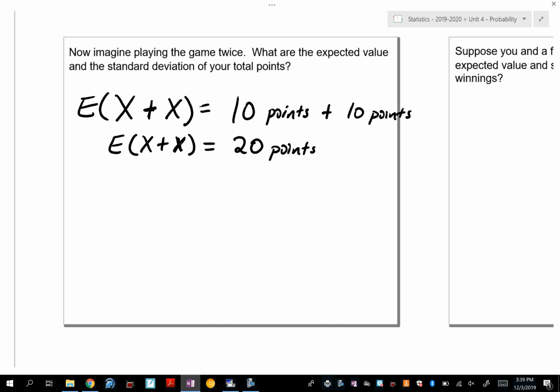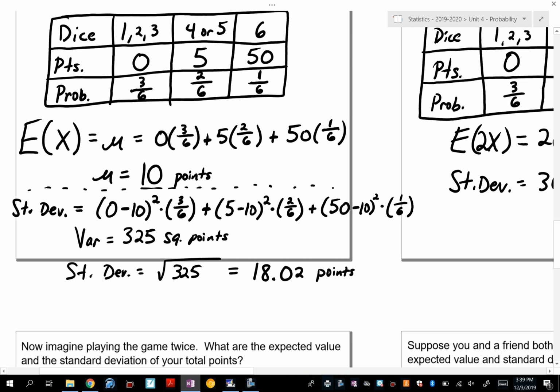Now here's the fun part. The standard deviation. I wish I could tell you that you just add them. But if you remember that thing you wrote on your notes with the 6 exclamation points, we need to add the variances. Luckily we've already calculated it, right? What was our variance in this first problem?